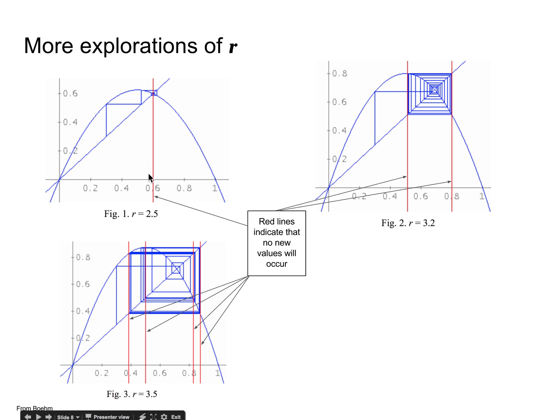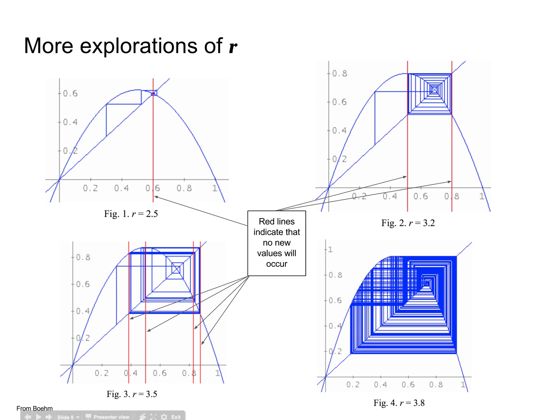So we've started with a modest growth rate. You'll just have one stable population. If you raise the growth rate, you'll have 2 values, and then 4. And then the question is what happens next? And this is what happens next. When R is 3.8, it just goes crazy. You can never predict what you're going to find if you go out to count the animals.